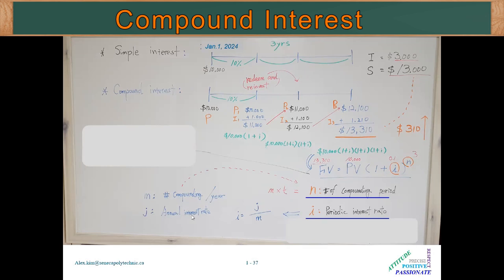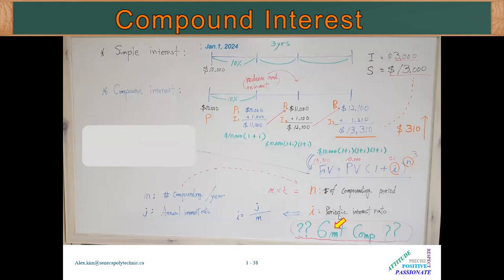So we need more elements: m and j. j represents the annual interest rate. m represents the number of compounds per year. So 6-month compounding means m, the number of compounds, is 2. j, the annual interest rate, is 10%, but i, the period interest rate, is 5%.